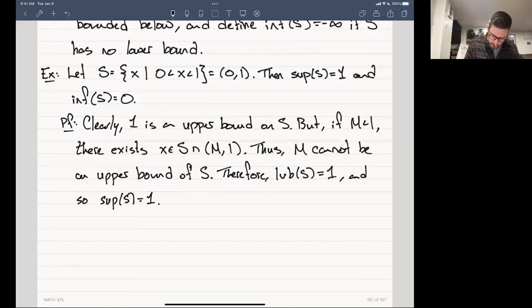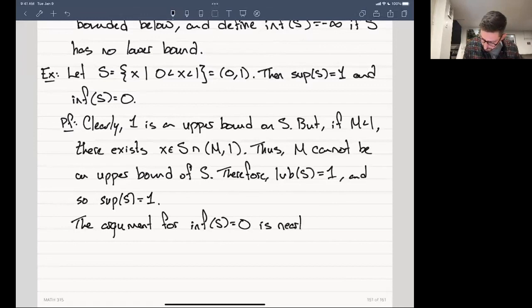And I'm just going to put a note here. The argument for inf of S equal to 0 is nearly identical. So I want you to try and work that one out yourself.